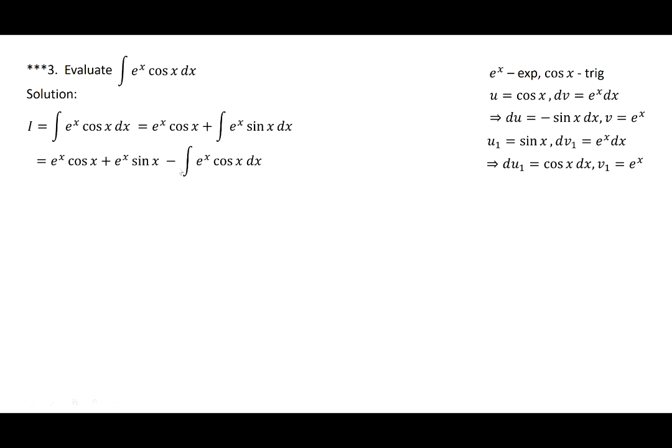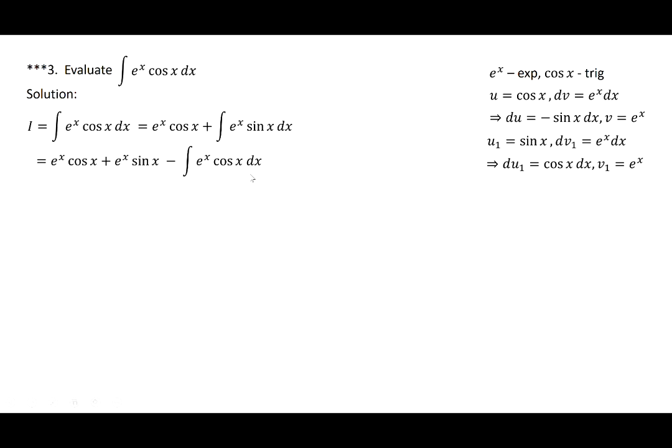Minus integral v1 du1 became e to the x cosine x dx. Cool? So we did apply integration by parts twice in the same problem, and we ended up with another integral, e to the x cosine x dx.